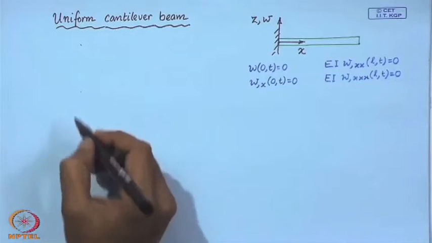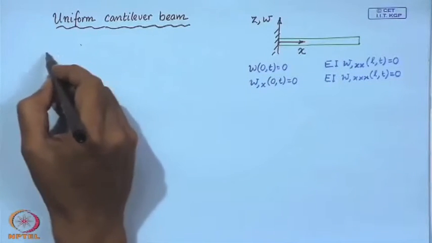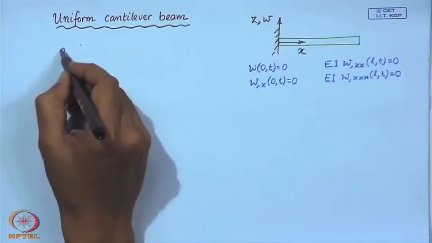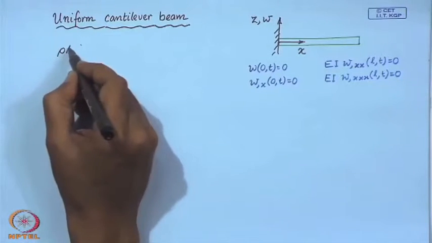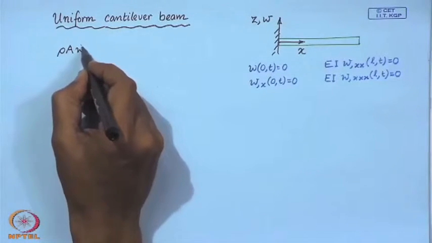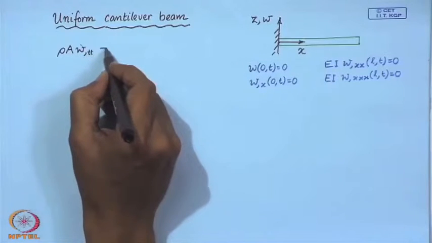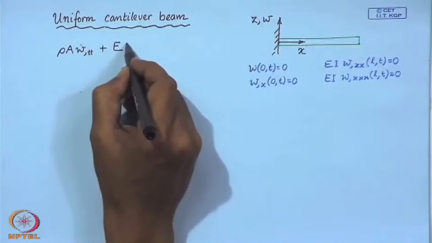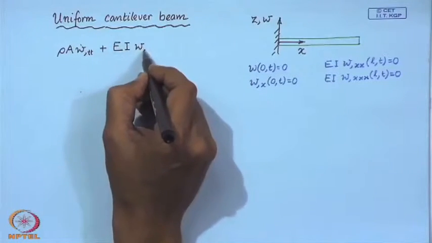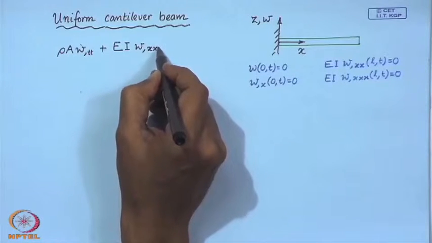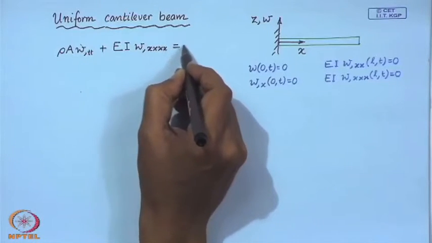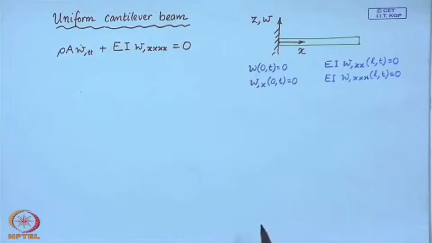So, that gives us now the equation of motion, it remains the same. So, we are considering an Euler-Bernoulli beam with these boundary conditions.